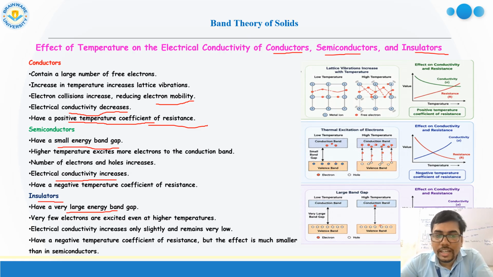In the case of an insulator, the band gap, that is the forbidden energy gap, is very high. So if we increase the temperature, a very small amount of electrons will move from the lower level to the higher level. So electrical conductivity increases only slightly. So that's all for the temperature effect on conductor, semiconductor and insulator.